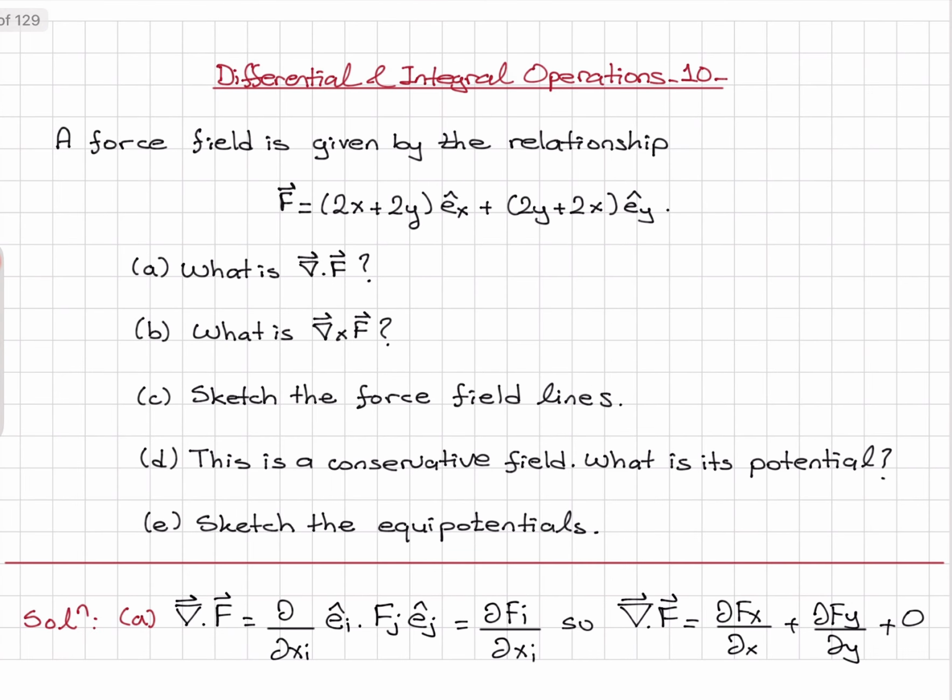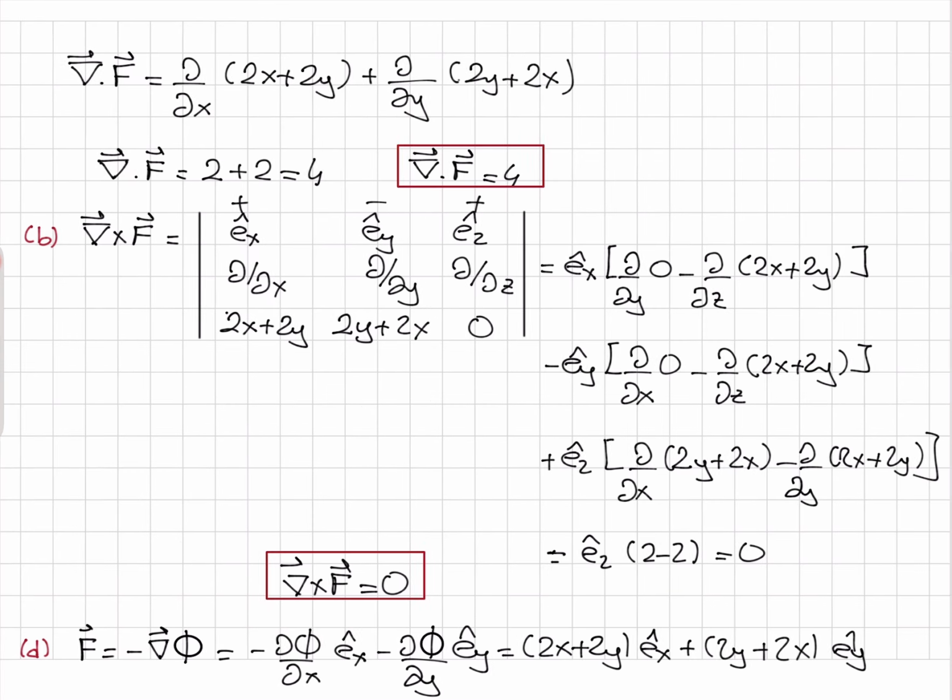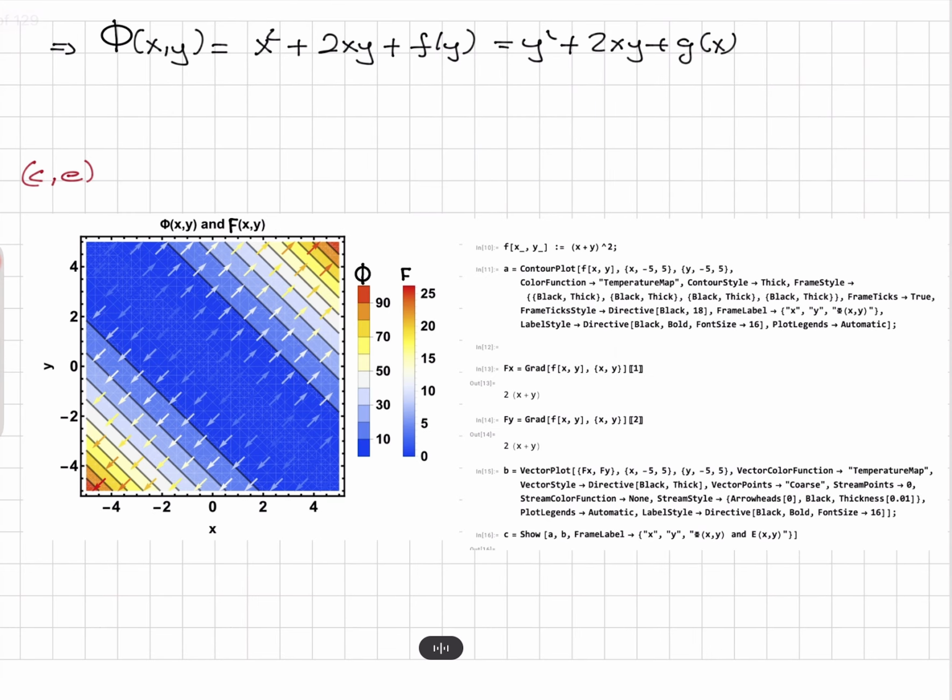Here I'm looking at this as a conservative field, and because of the minus sign, obviously I need to include a minus over here. So this tells me that my scalar function phi of xy should be minus (x plus y) squared.